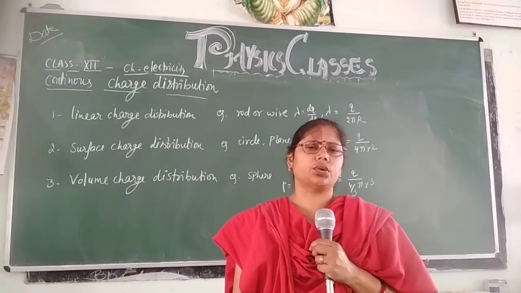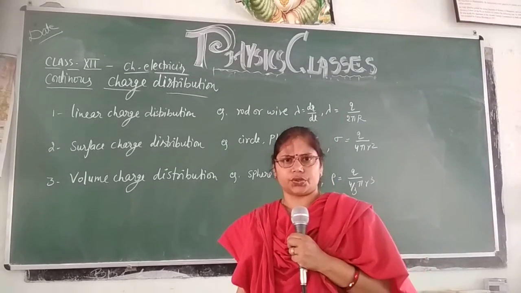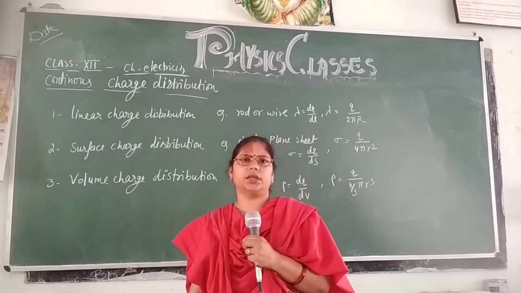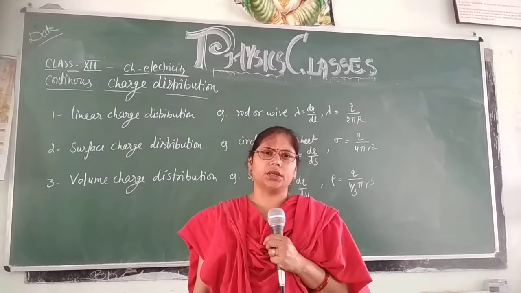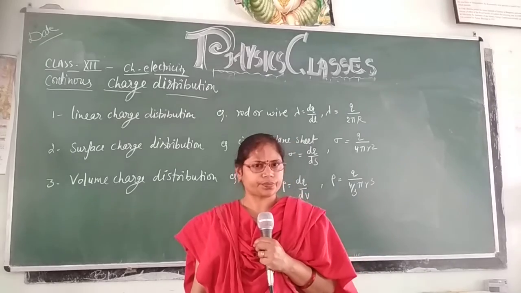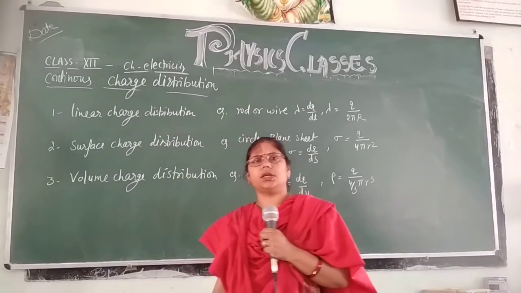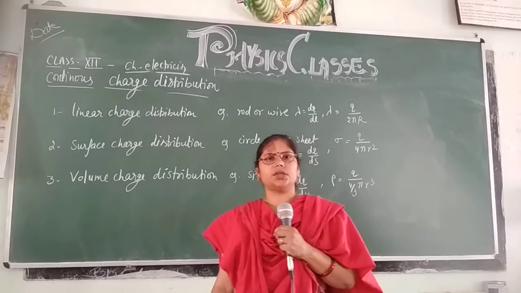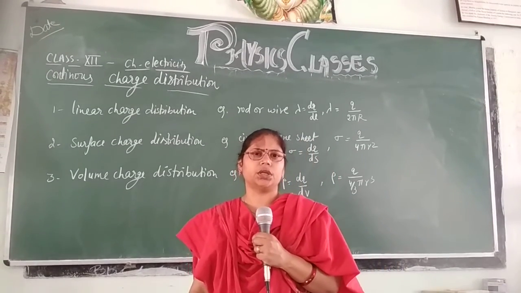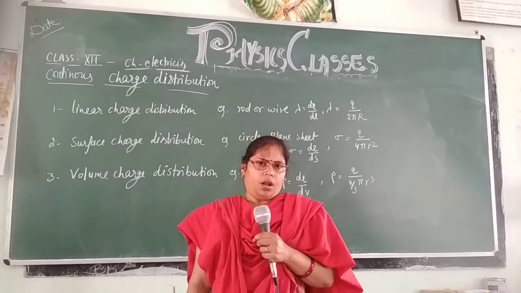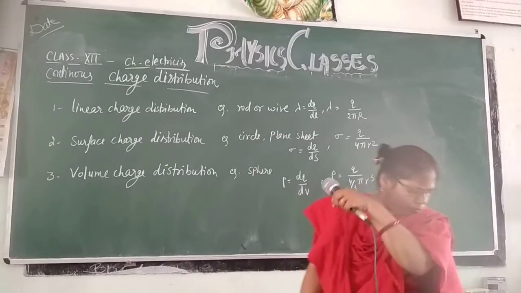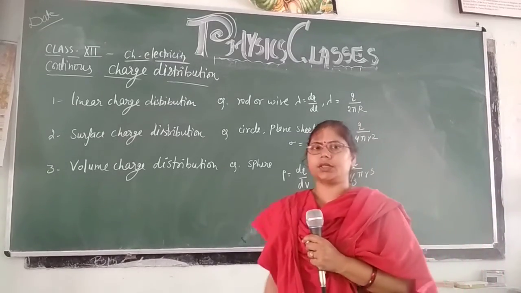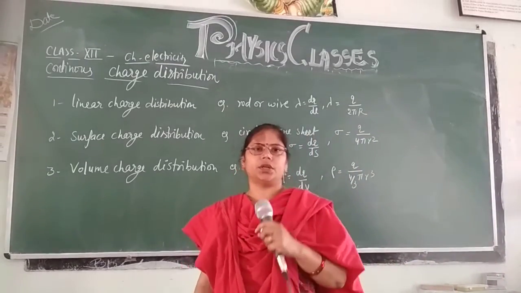The flow of electrons is known as electric charge. If the charge is very small, like an electron, it behaves as a point charge. But if the magnitude of the charge is large, then that large charge spreads over a region.